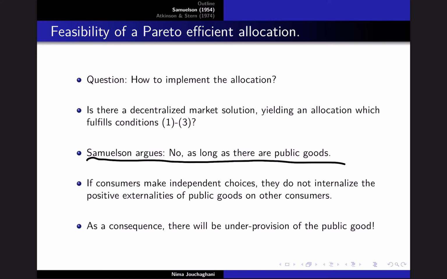That's crucial here. A consequence is that there will be an under provision of the public good. So if consumers maximize by themselves in a decentralized market solution with decentralized prices, we will not have Pareto efficiency with respect to the public goods.